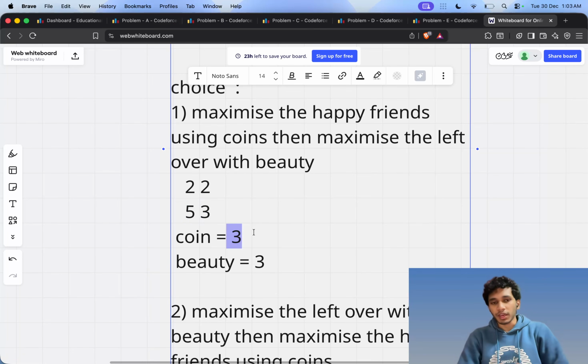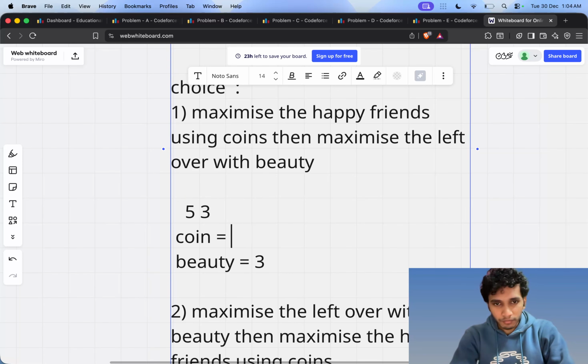Now how many coins do we have? We have 3 coins and we have 3 beauty. We first maximize the friends using coins. So greedily, if we want to maximize the happy friends, what will we do? Find the friend who wants the minimum number of coins, then use those coins and go on with the leftover friends who want the minimum number of coins. So this is the friend with the minimum number of coins.